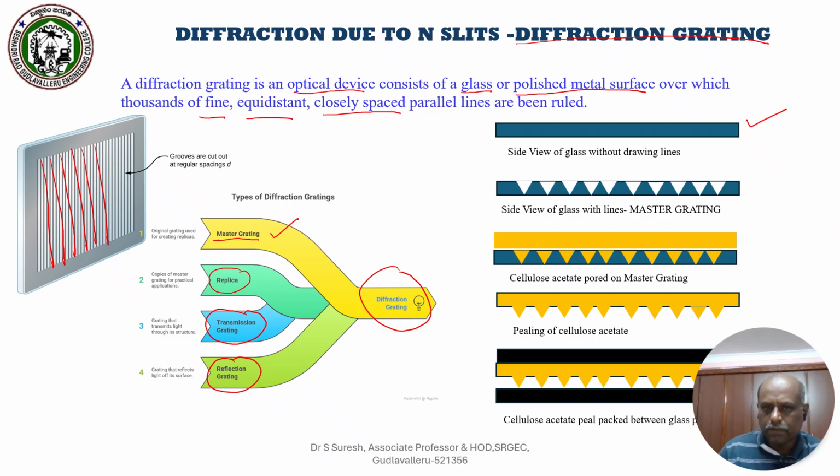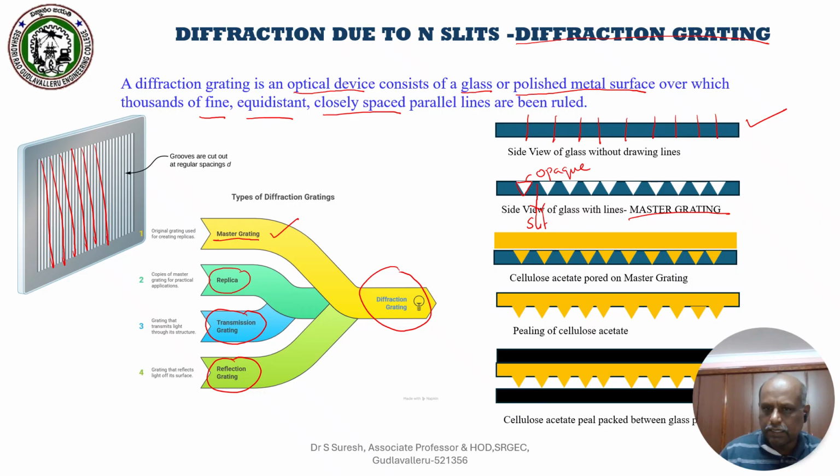When you draw parallel and equidistant lines on this with the help of a diamond cutter, whenever we draw a line, that region becomes opaque, non-transparent, and the region between these two lines acts like a transparent slit. So like that, it is going to have N number of slits. If you directly draw lines on the plain glass plate, it becomes a master grating.